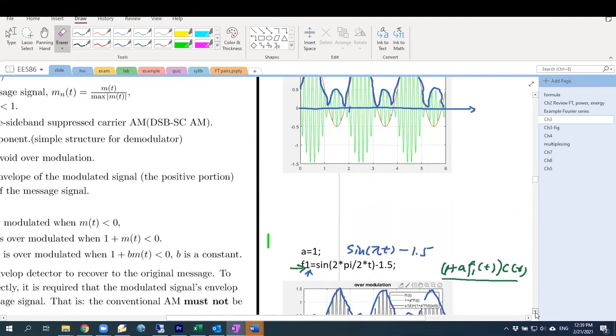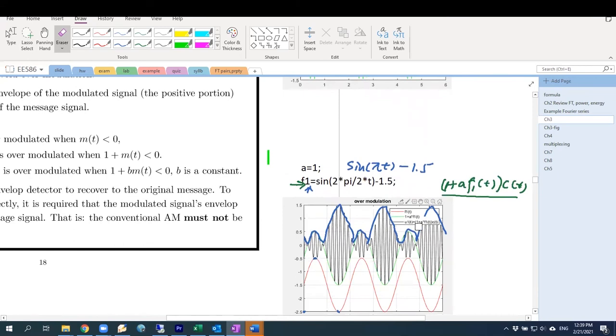The same thing here: I multiply 1 plus a f1(t) by c(t). Look at this portion, 1 plus a f1(t), the green line. Whenever this green line goes below 0, that's the 0 line here, overmodulation will occur.